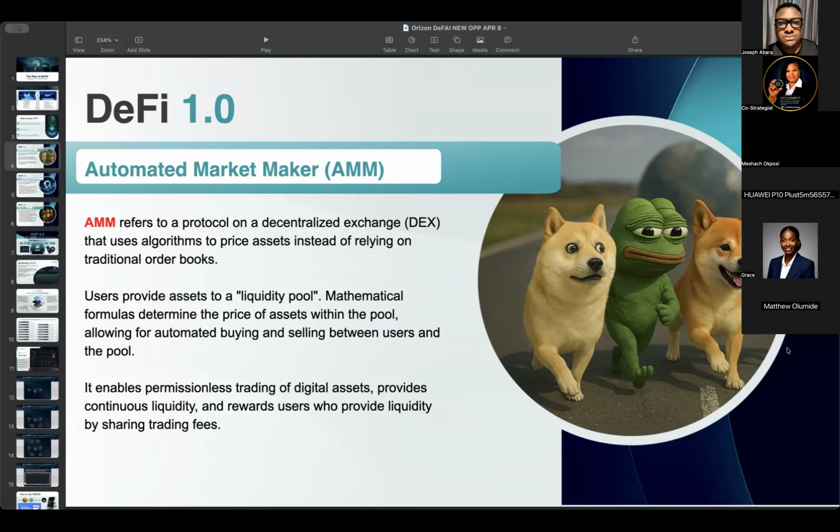There's no reward because there are no transactions on that project. That's why in DeFi 1.0, people cry about utility. Utility was one of the ways that was thought about to solve this liquidity pool crisis.